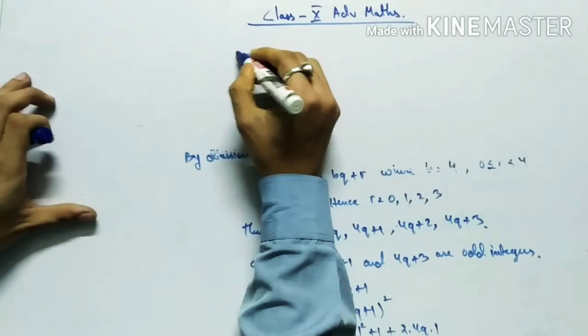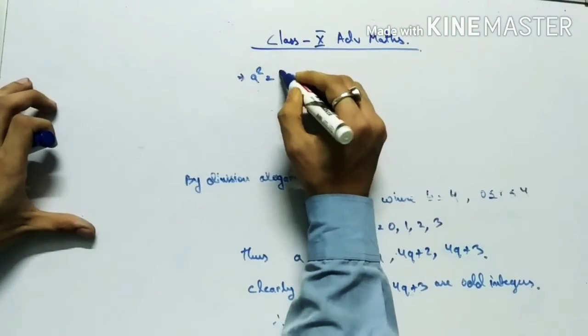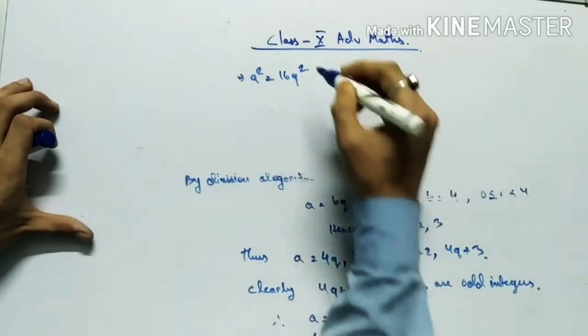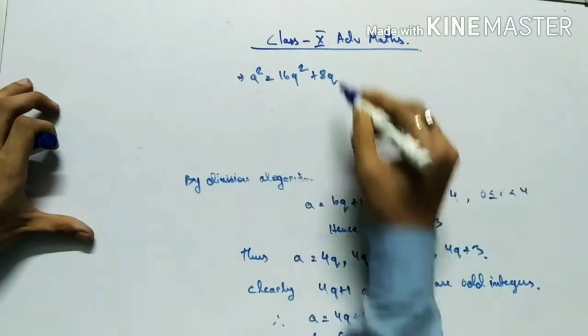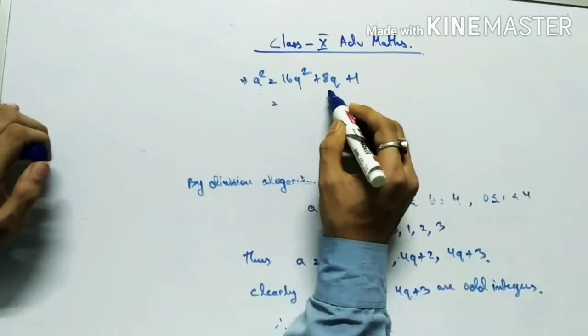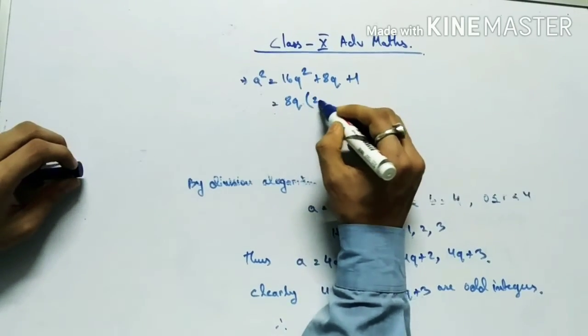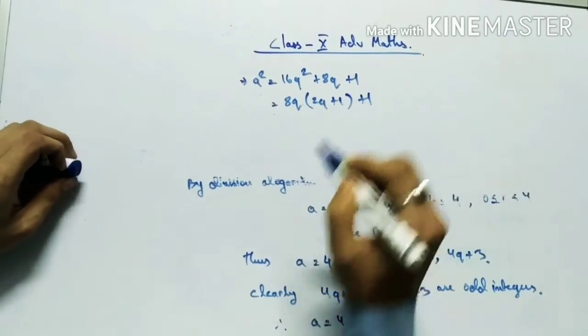So ultimately a squared equals 16q squared plus 8q plus 1. Now from here, if I take 8q common, then I will get 2q plus 1, plus 1.